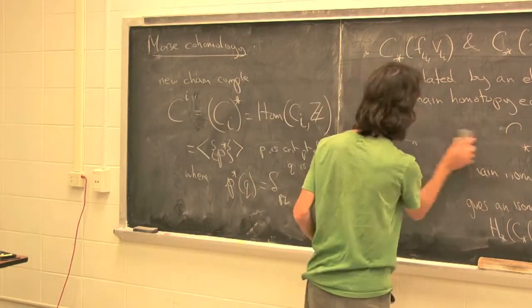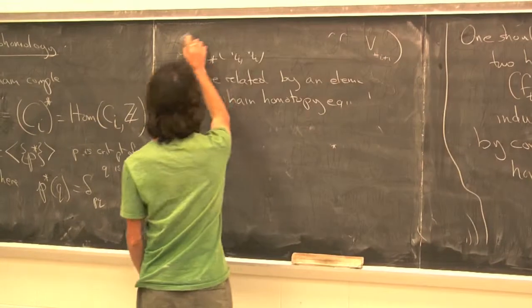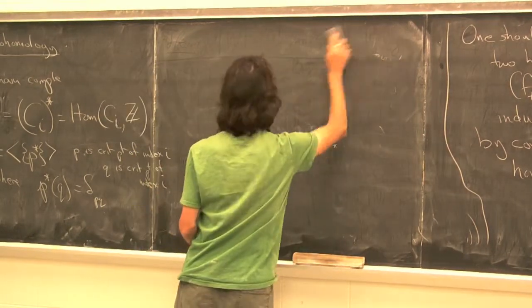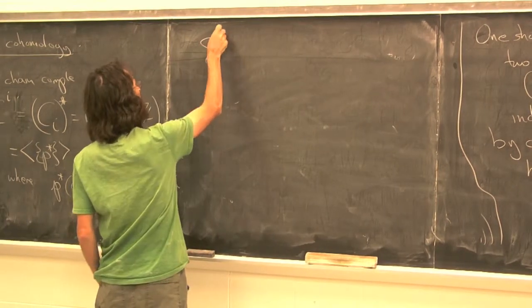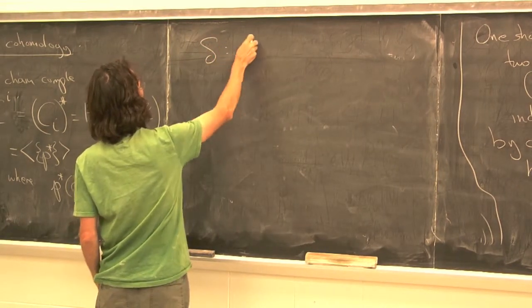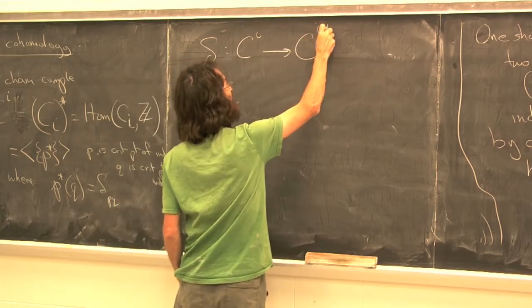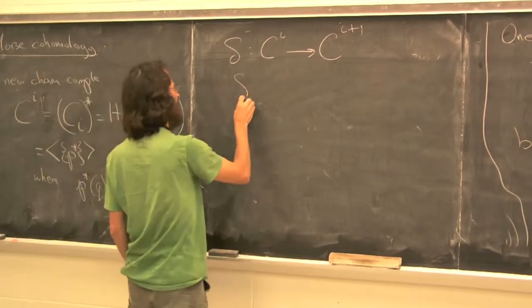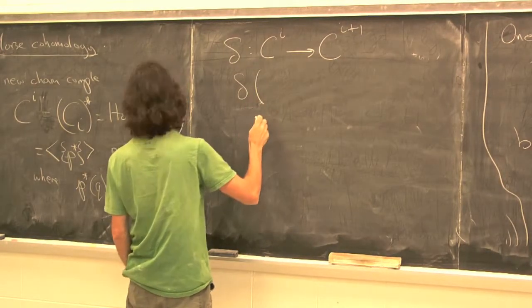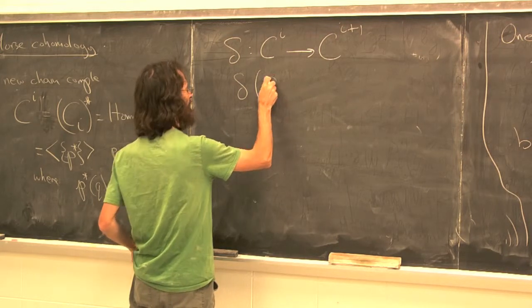And then I have to define the corresponding boundary map and define delta star, that is just delta, which goes from C upper I to C upper I plus 1, and that's just the adjoint of the boundary map delta. Some element, we call it F, for example.